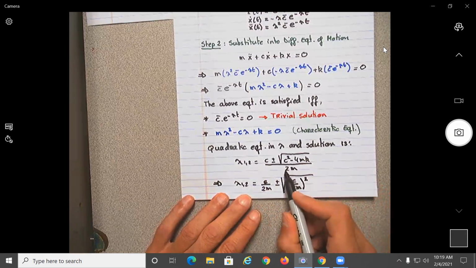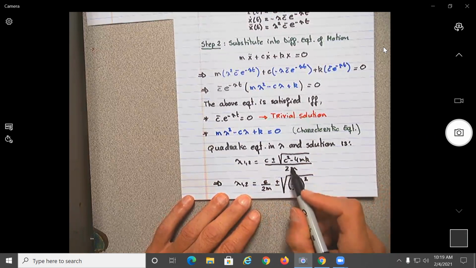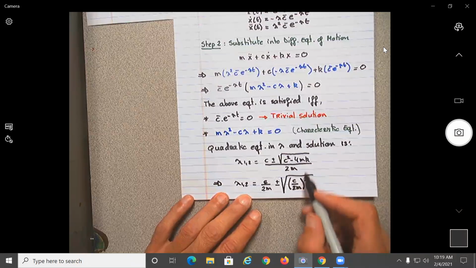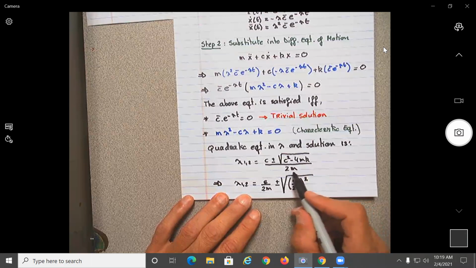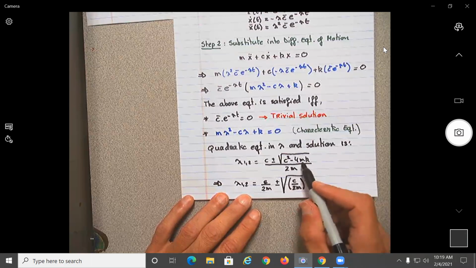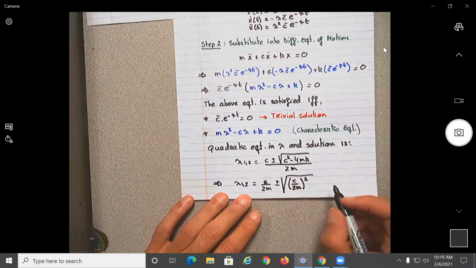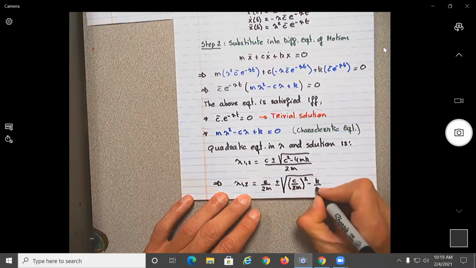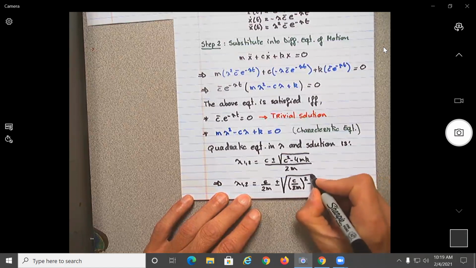If we put the 2m inside the square root, we need to square it, no? Okay. And now this term over here, this 2m becomes 4m squared, so the 4m will cancel out, and we are left over here with minus k over m.